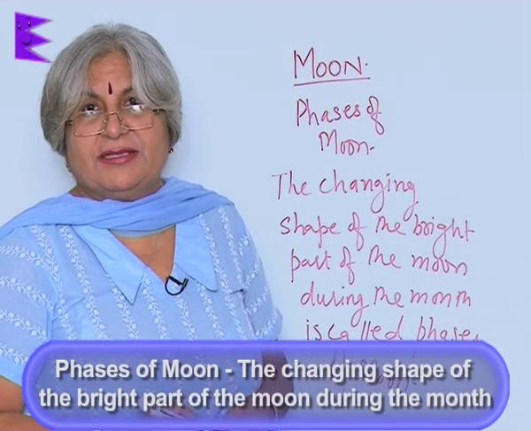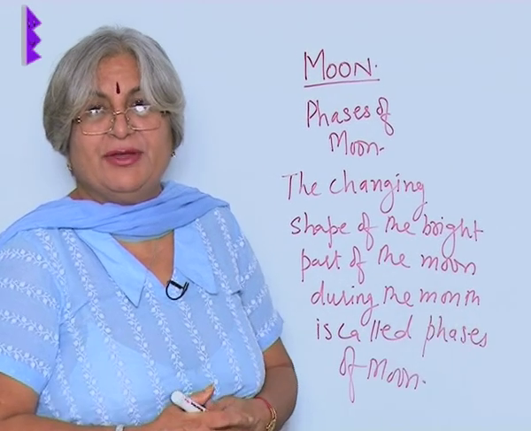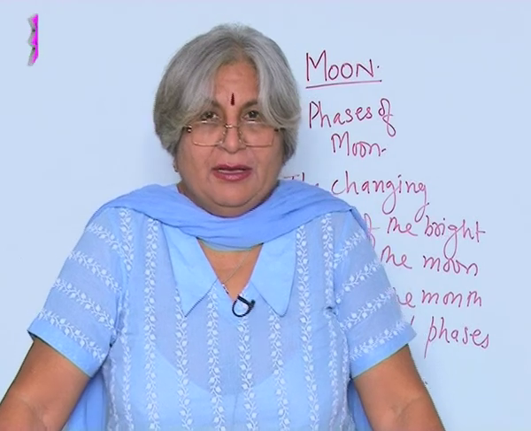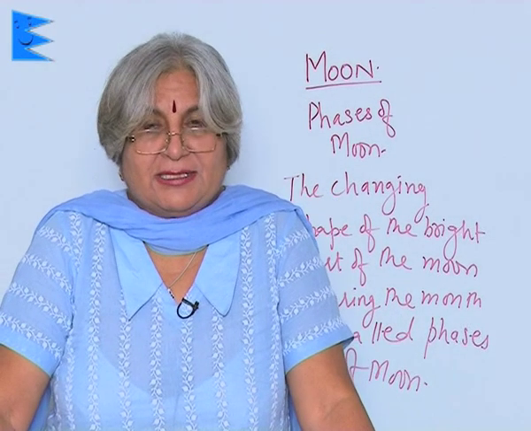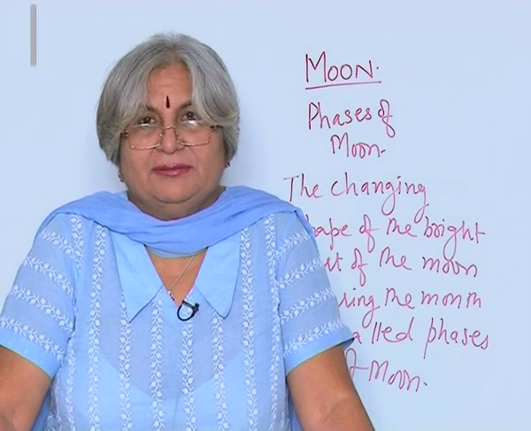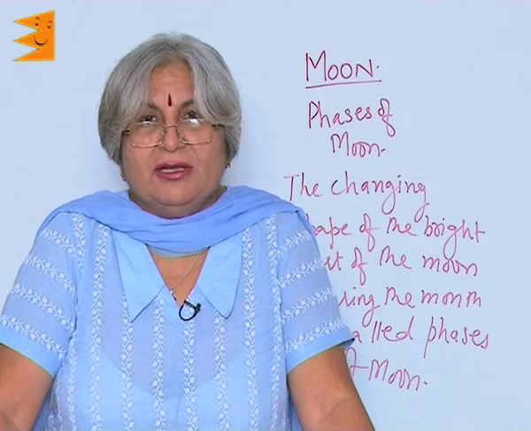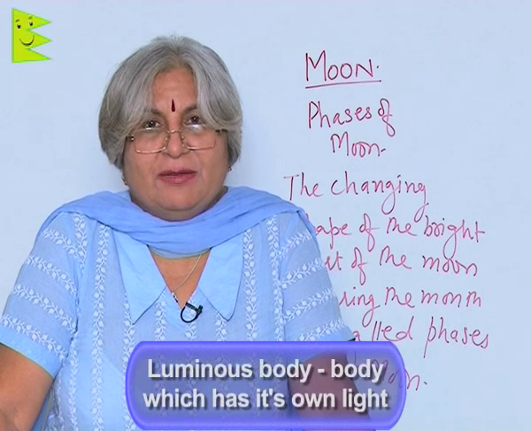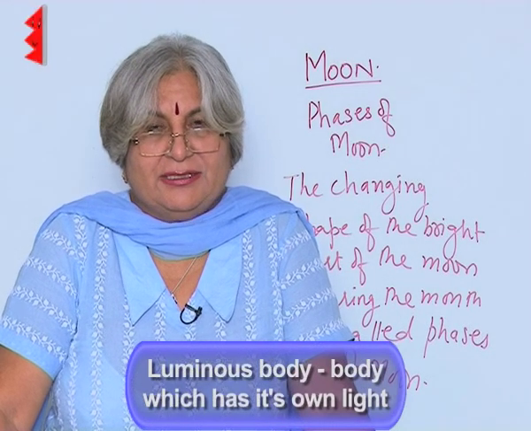Now, why are there phases of the moon? That is another point. You know, unlike our normal belief, the moon, like a star, does not have its own light, which means it is not a luminous body. What is a luminous body? A luminous body is that body which has its own light.